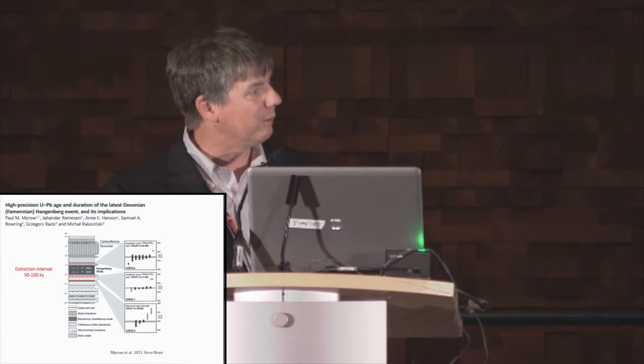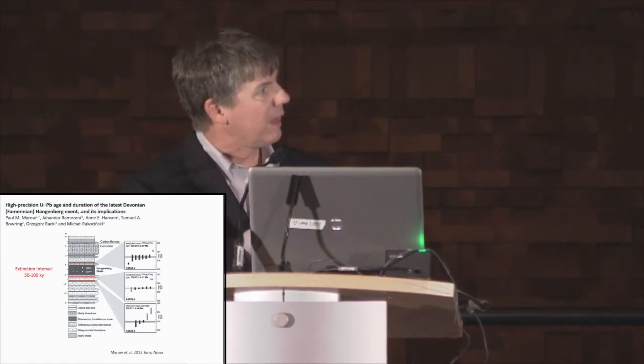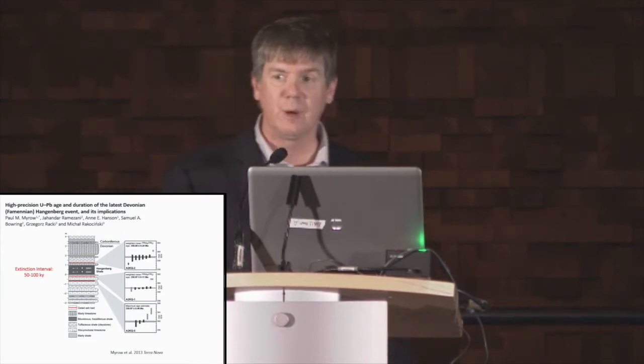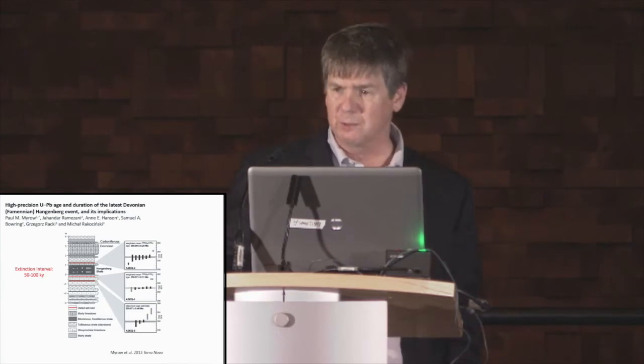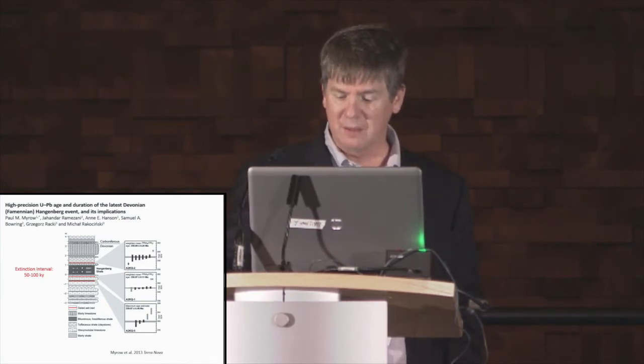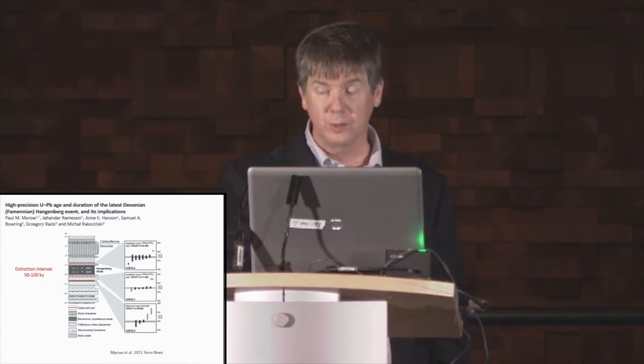For the Hangenberg event, this is a paper by Paul Myrow in Terra Nova. These ash beds bracket the Hangenberg shale. This is not quite as tight as the others, but the estimate here is, again, 50 to 100,000 years. This is a much smaller biotic crisis than the other three that I've mentioned, but in all cases, it looks like these events are really short.